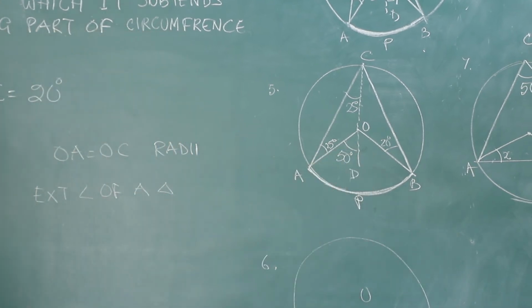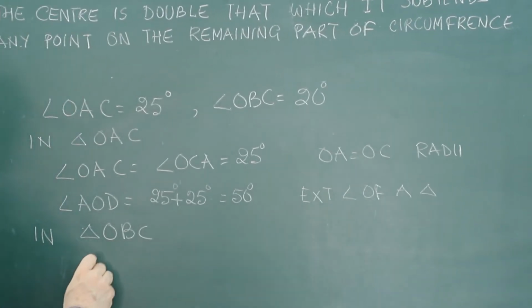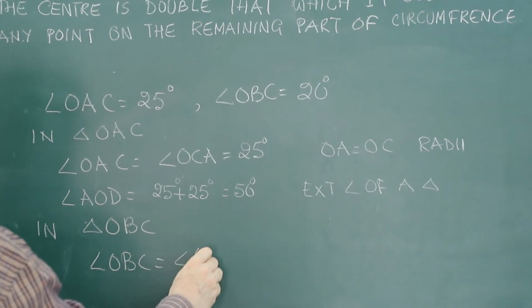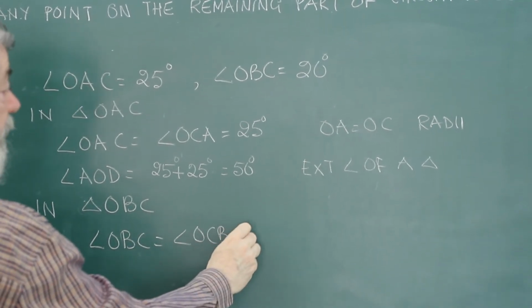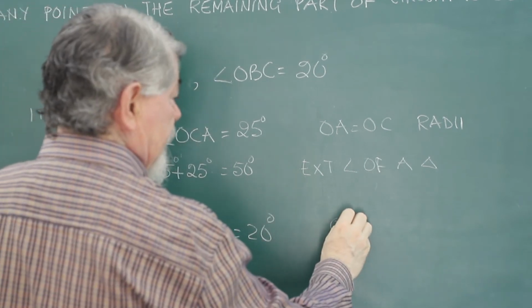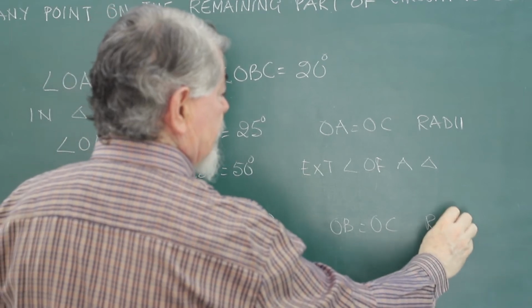Now let us pick up the triangle OBC. In triangle OBC, I would say that angle OBC is equal to angle OCB, which will be equal to 20 degrees, as OB is equal to OC, radii of the same circle.